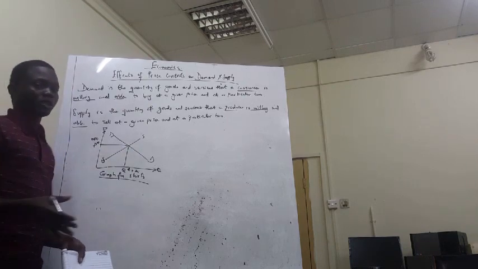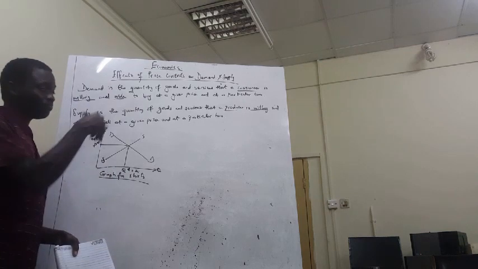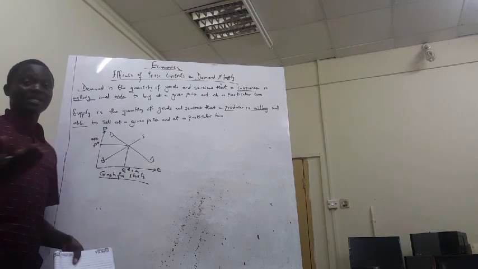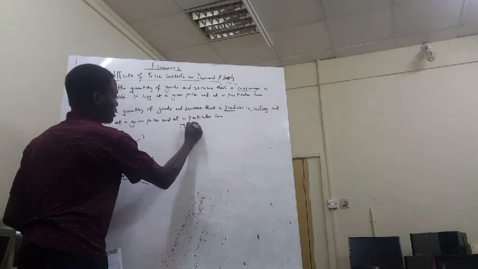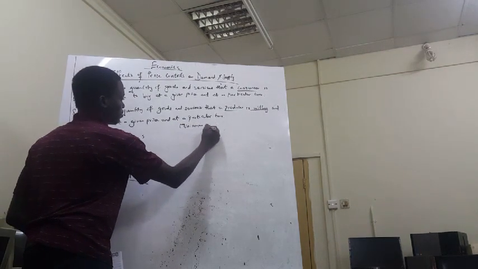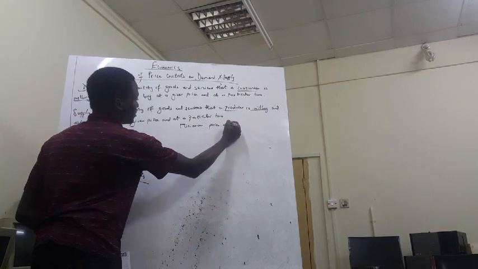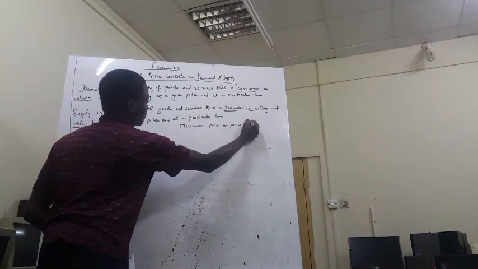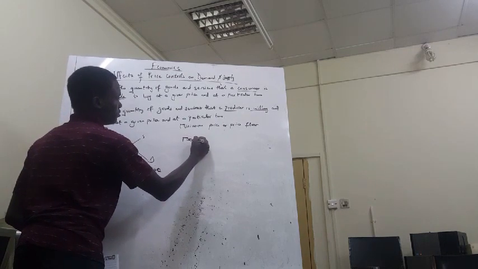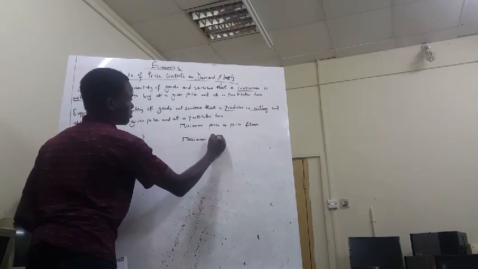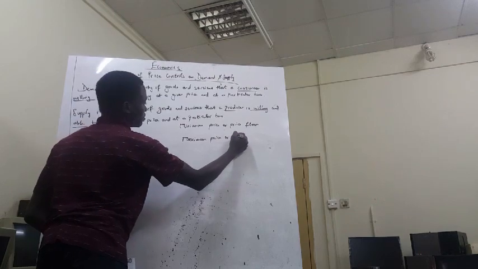Okay, so governments often come into play in order to fix price controls, either in the form of minimum price, which is basically called price floor, or maximum price, or price ceiling.